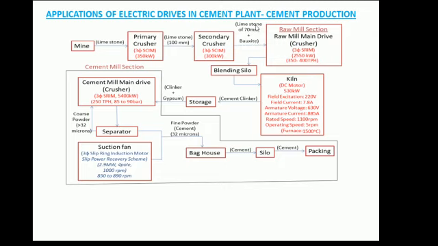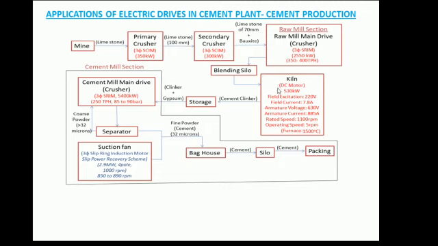This crushed mixture of limestone and bauxite is fed to a blending silo where it is blended, and this output product is fed to a kiln. This kiln is a rotary type. That means this kiln rotates. In order to rotate this kiln, a DC motor drive is used.